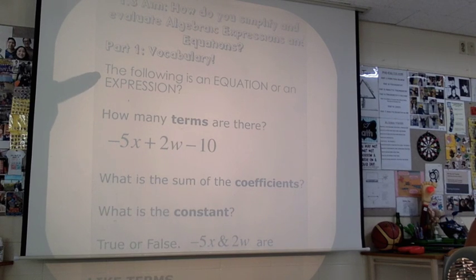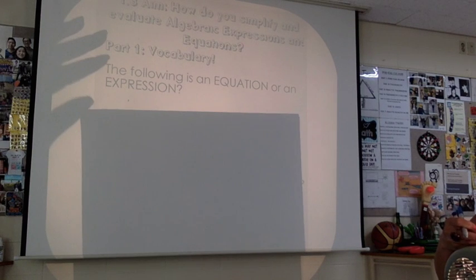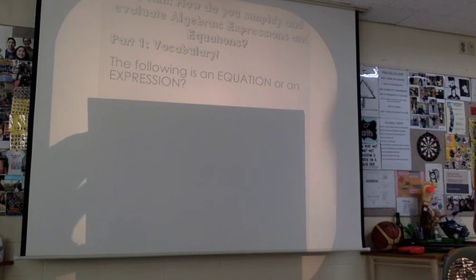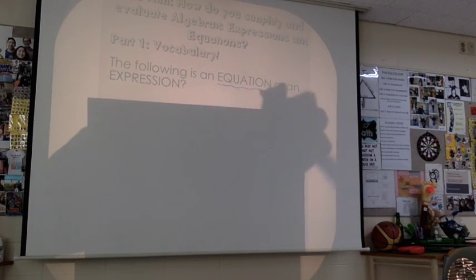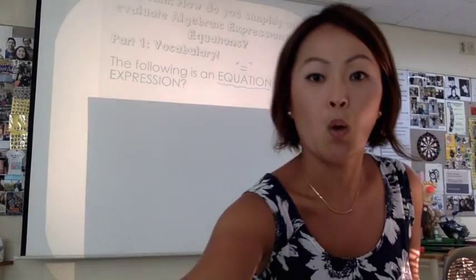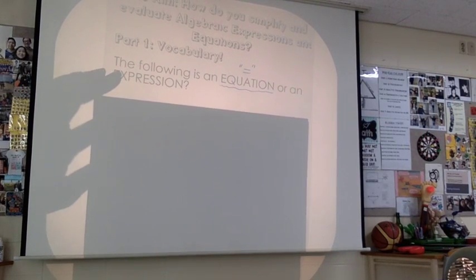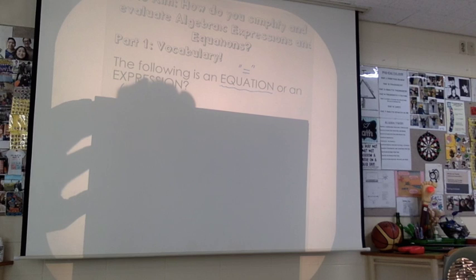So the following is an equation. Is the following an equation or an expression? What distinguishes an equation from an expression? Yes, you're right. An equation always has an equal sign. An expression does not. An expression only has operations, right?